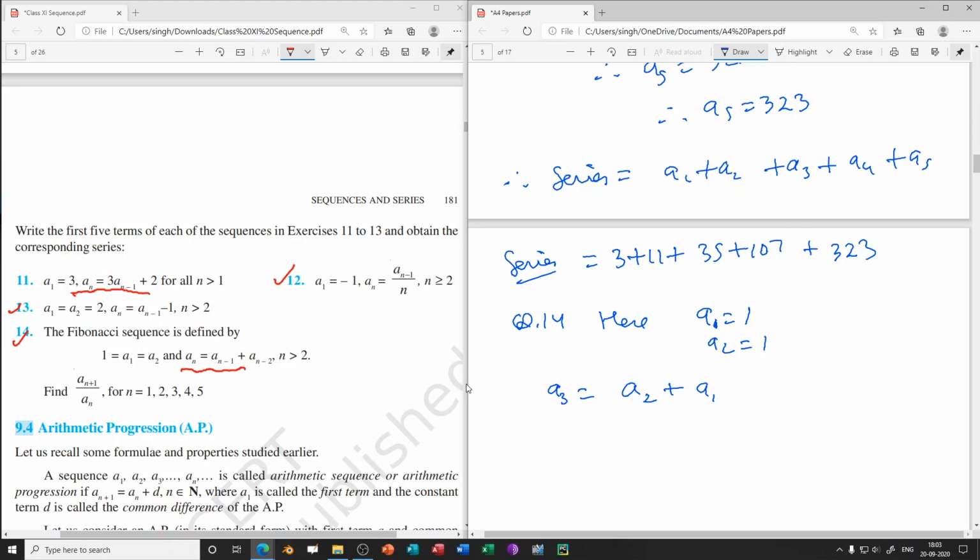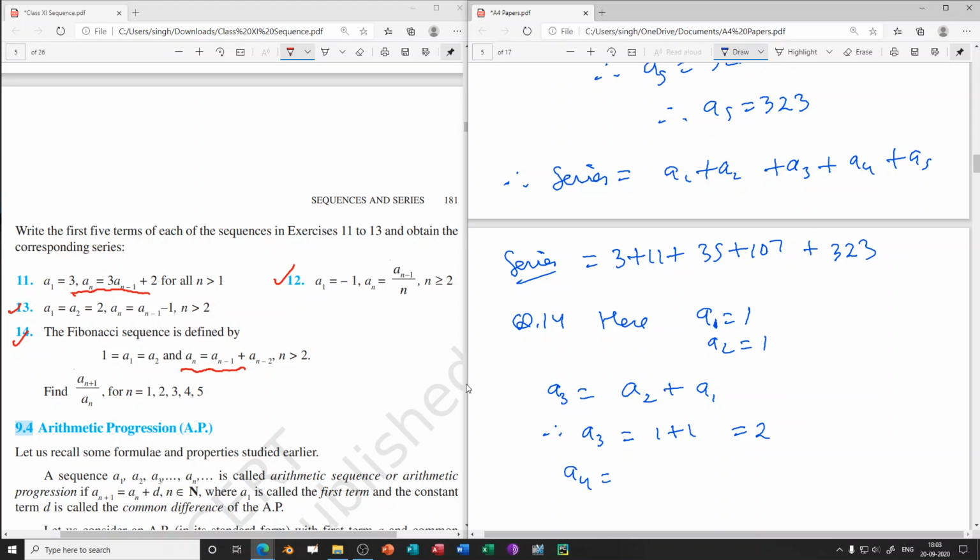So a3 is a2 plus a1. We have the values of a2 and a1 both, so a3 equals 1 plus 1, that is 2. a3 is 2.